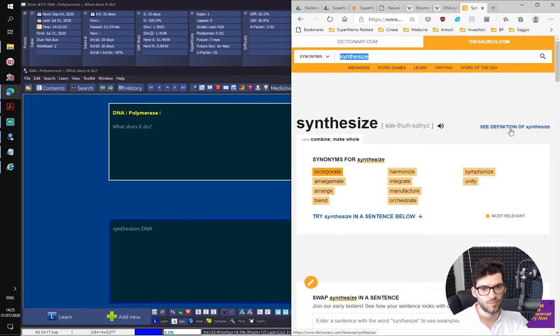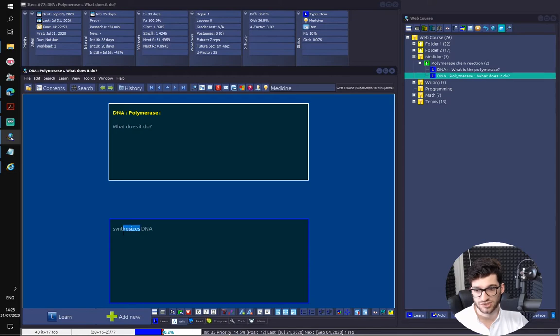Let's take some arrange. It actually arranges DNA. Okay, and you say, oh, but is that what it does? Yeah, actually yes. It doesn't really create DNA out of nowhere, just puts together some little pieces of it.